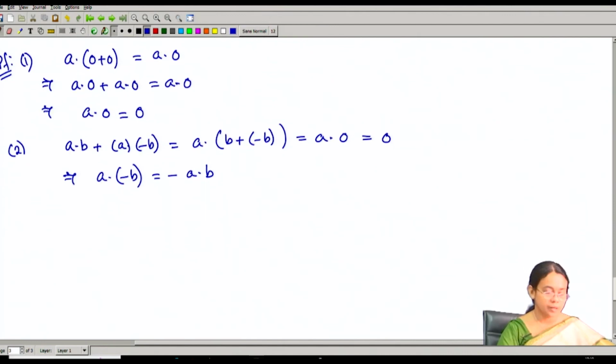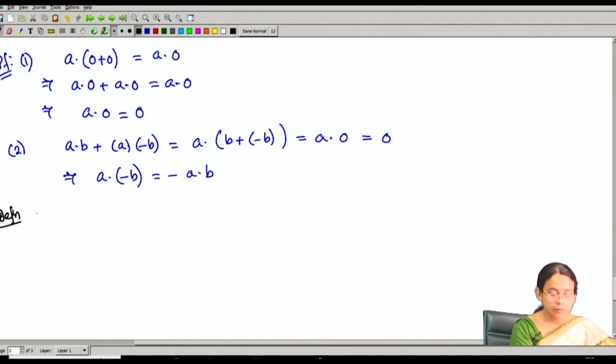Now I will define what the 0 ring is. If in a ring you have only one element, that is the 0 element, then it is called the 0 ring.